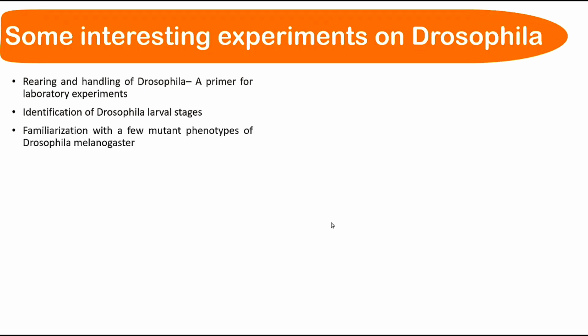Then if you have some mutants in your laboratory, or if you can order some mutants, then look into their phenotypes also, try to observe them. Then you can solve some problems also, and not only that, but also allow some mutants to crossbreed together and see if there is some Mendelian inheritance taking place or not, or whether linkage is taking place or not, whether 2-point linkage is taking place or not, right?